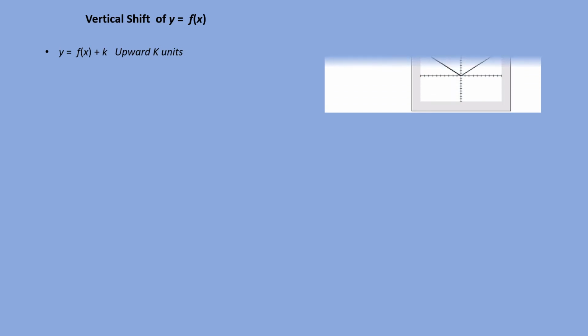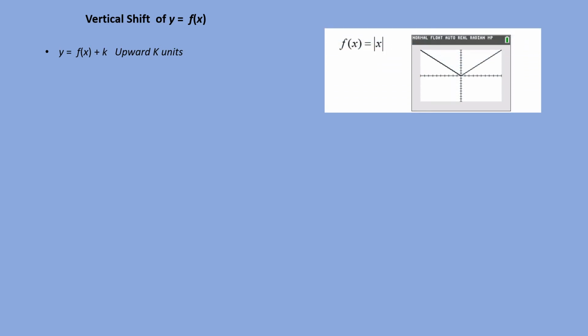Let's talk about the transformations. The first one is the vertical shift. The function y is equal to f of x is defined, and if you add k to this y, that is f of x plus k, then it is moved up by k units.